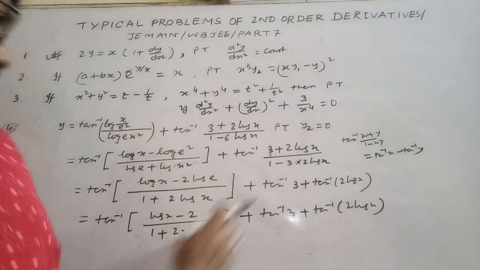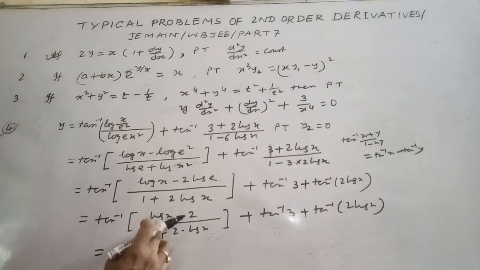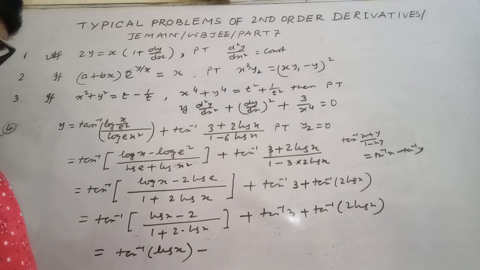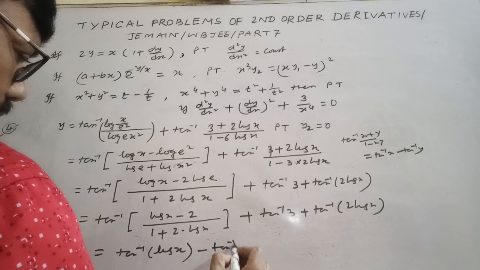Now using the same formula, tan inverse of (x minus y) by (1 plus xy), so this is tan inverse log x minus tan inverse 2.